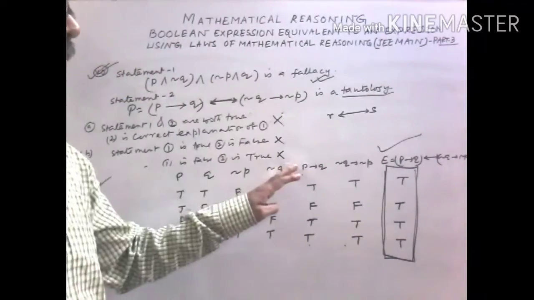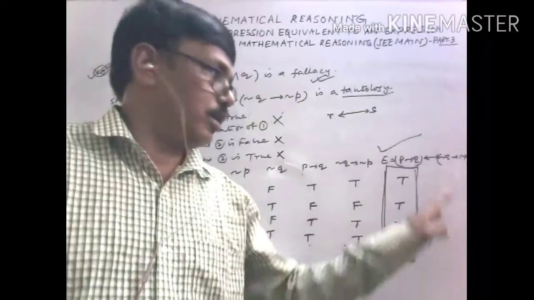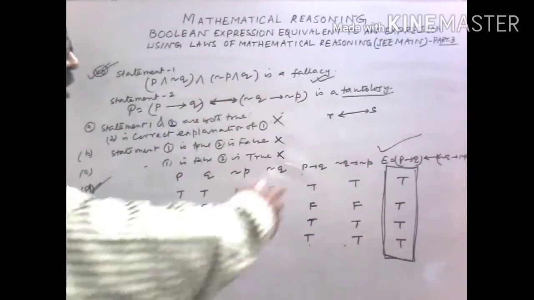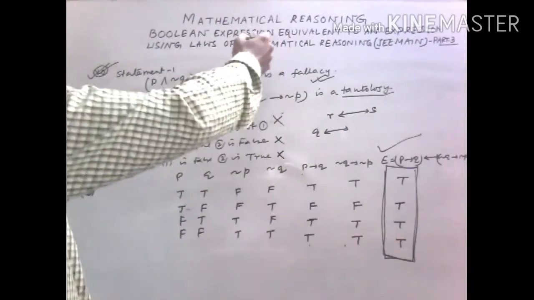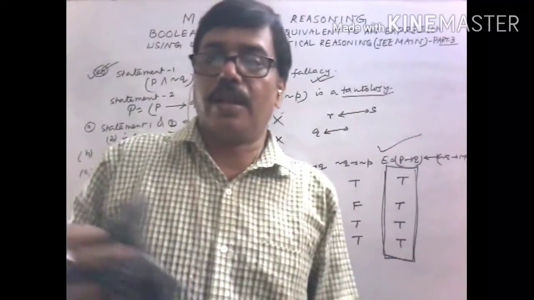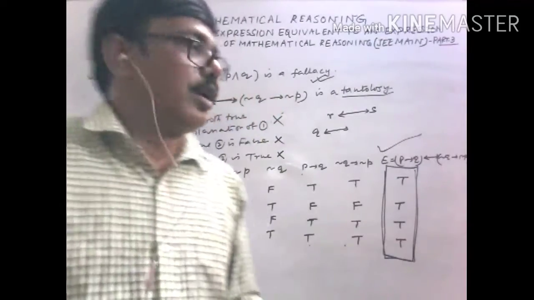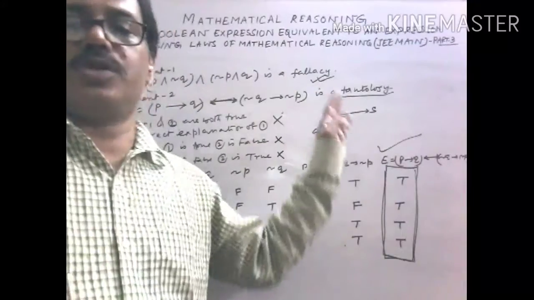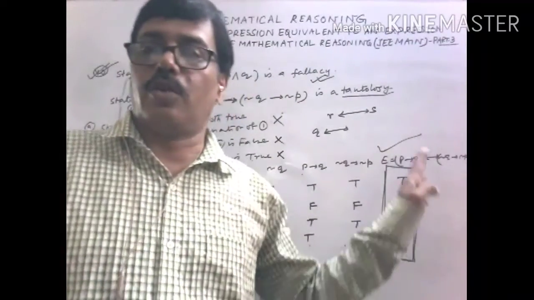So this is a combination of two problems. You can use laws of reasoning or the truth table. It will take time if you use the truth table, but if a biconditional is given, it is difficult to use formulas. So today I have discussed how to simplify a Boolean expression to a simple form using laws of reasoning.